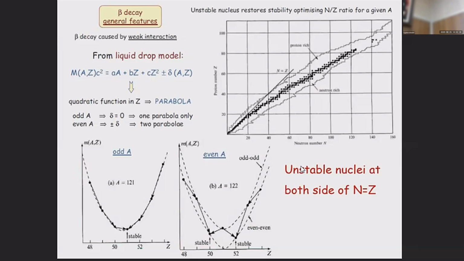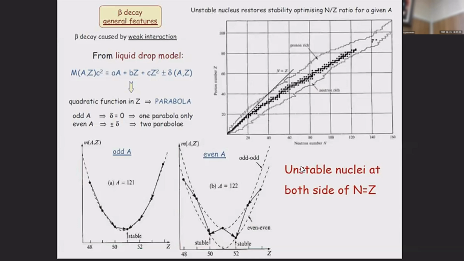We know that from the liquid drop model, we have a volume term, we have a surface term, a Coulomb term, and also a pairing term. Therefore, now for odd A, there is only one parabola for beta decay, whereas for even A, there are two parabolas.